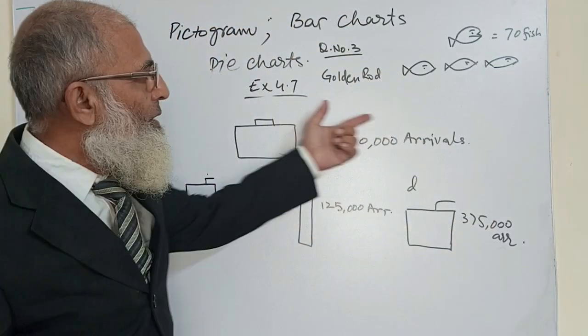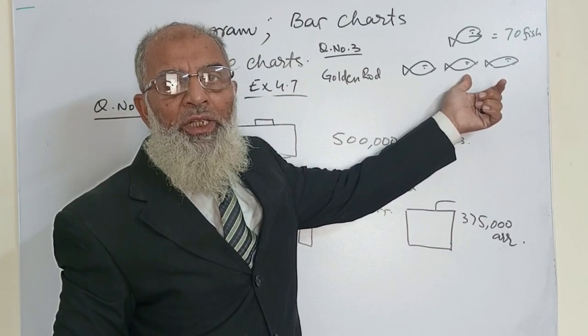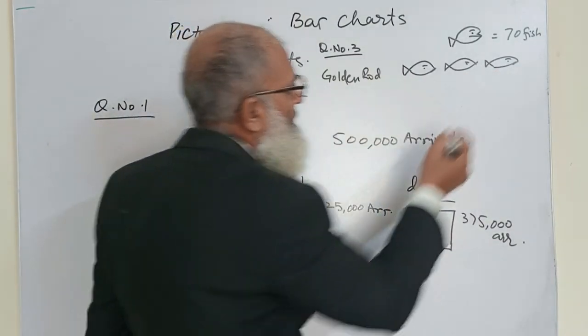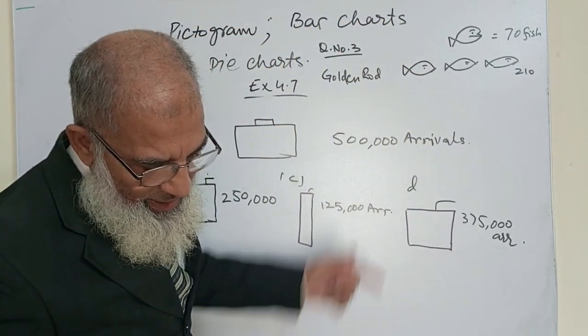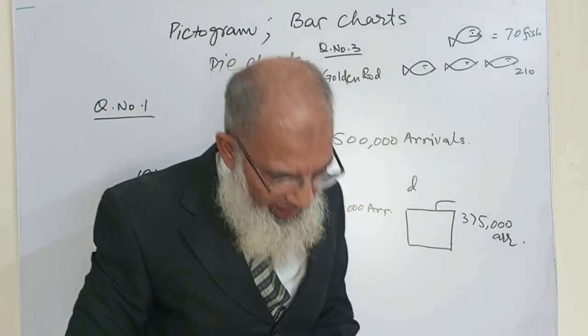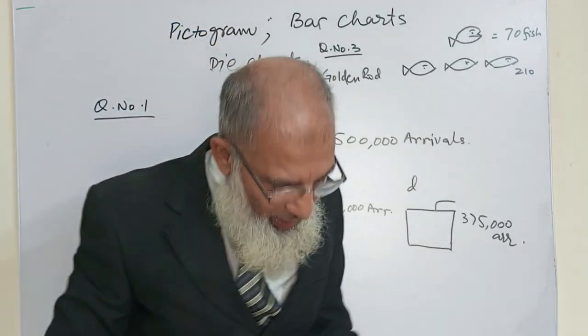Now what does it mean? 70 plus 70, 140, and 70 more means 210 fish. Now you can guess by yourself how many are given in your table, and that table is given on your page number 88.